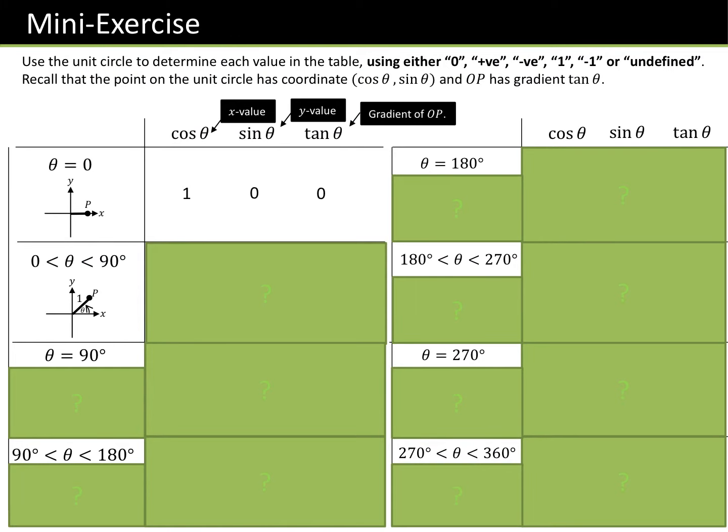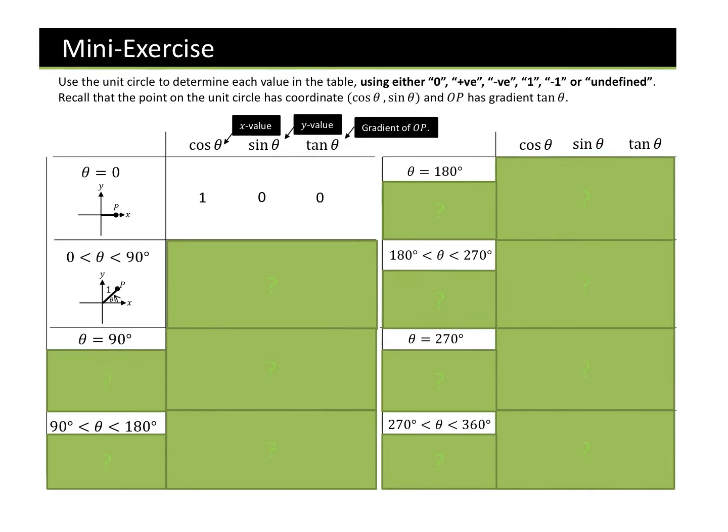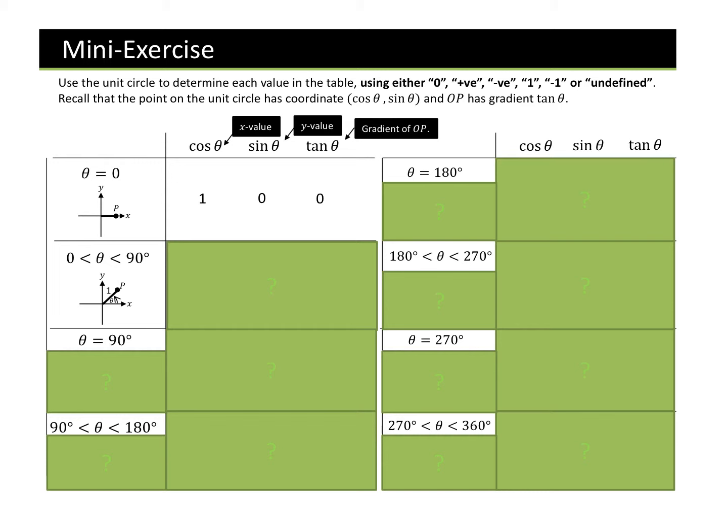So very quickly, a mini exercise. Have a look at your values and the gradient and see if you can understand what's going on. So between 0 is less than theta is less than 90 degrees, we know that cos is positive, sine is positive, and tan is positive. When theta is 90 degrees, if I was to draw that, so we have our x and our y, say 90 degrees.